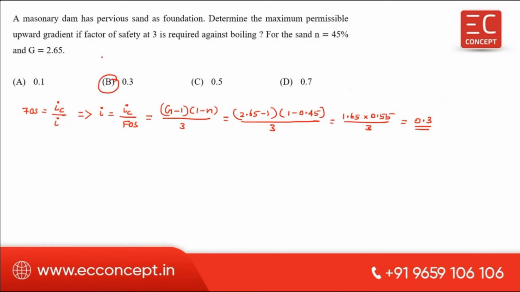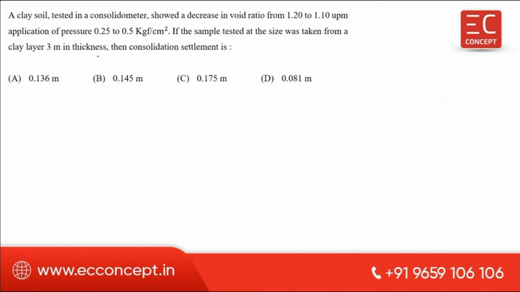Okay. Next one is, a clay soil tested in a consolidometer showed a decrease in void ratio from 1.2 to 1.10 after the application of pressure from 0.25 to 0.5 kilogram force per centimeter square.